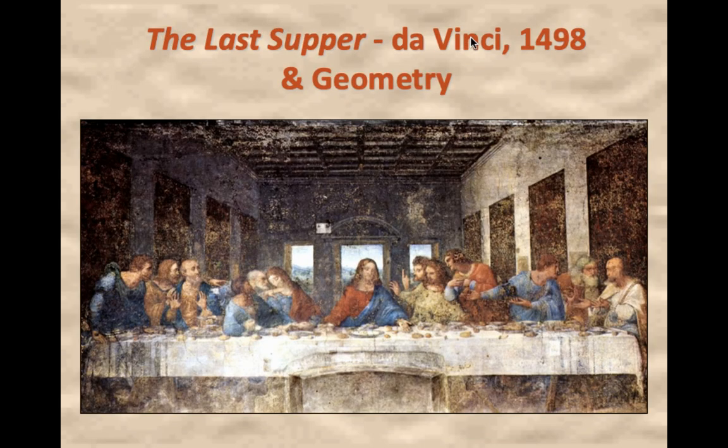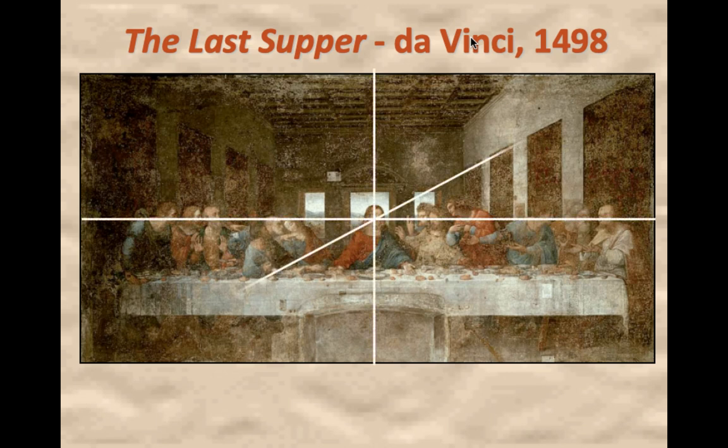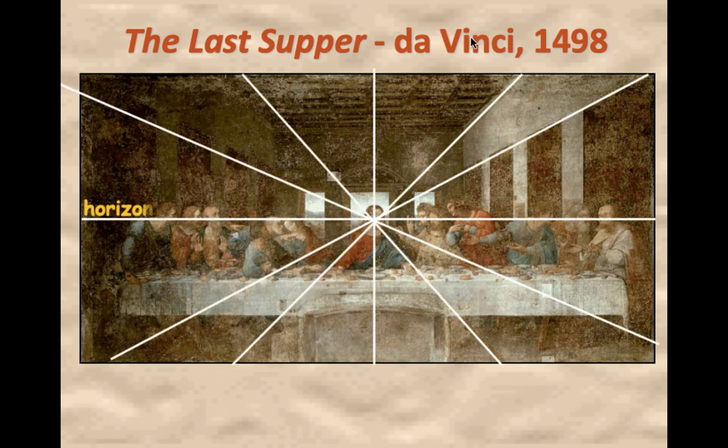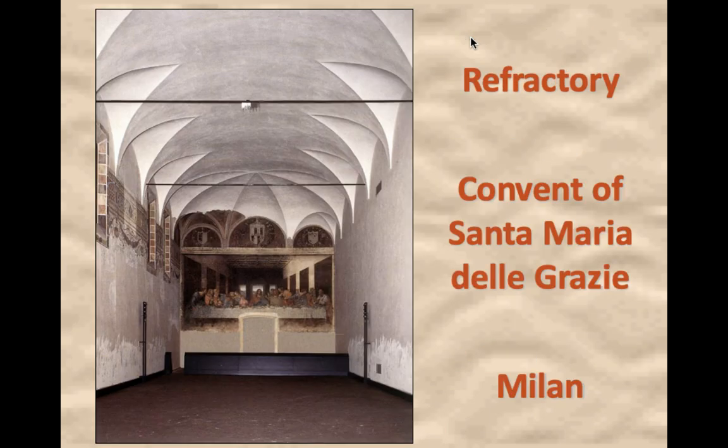The Last Supper, another one of his very important paintings. Perspective, detail. This is the refectory in Milan, and you could see there's the Last Supper painted in the back.